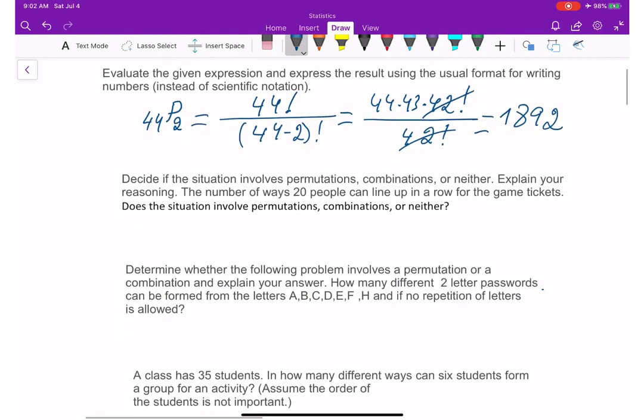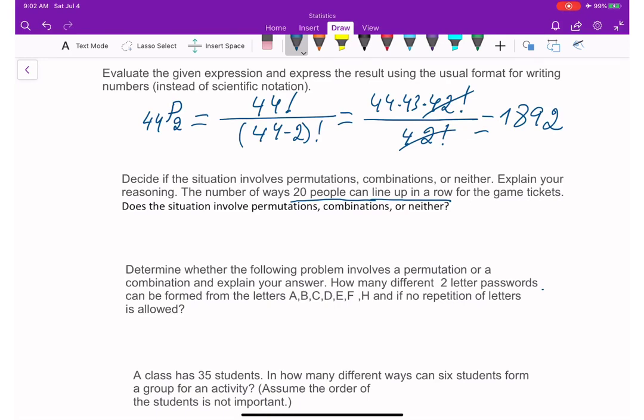Next one. Decide if the situation involves permutation, combination, or neither. Explain your reasoning. The number of ways 20 people can line up in a row for the game tickets. Does the situation involve permutation, combination, or neither? The key word here is lined up in a row. Why? Because if you are in the line, are you going to push somebody out of line and say, nope, I am going to get first?